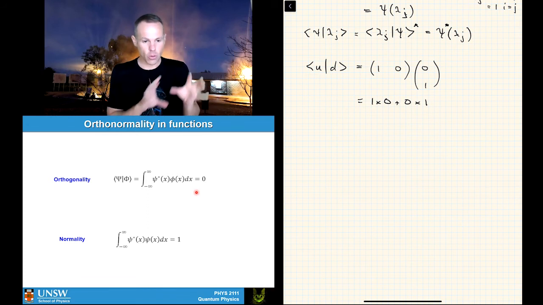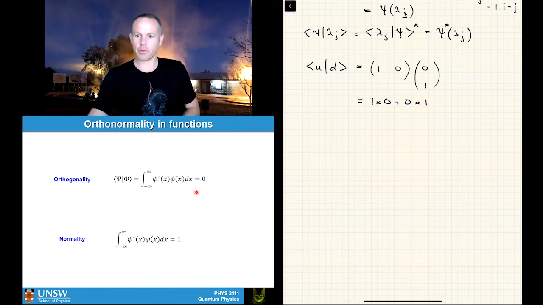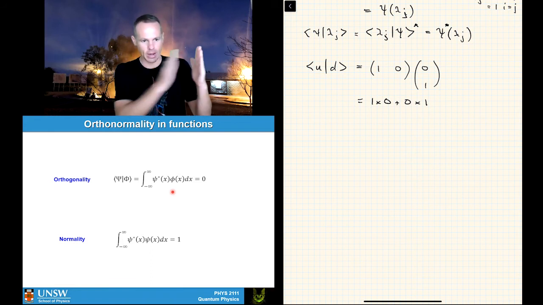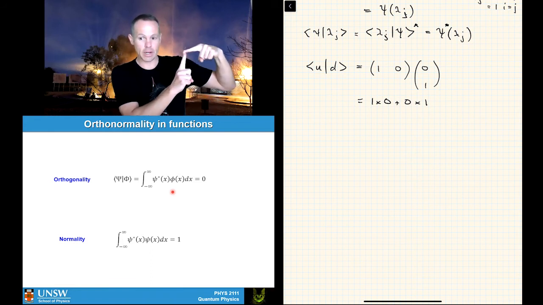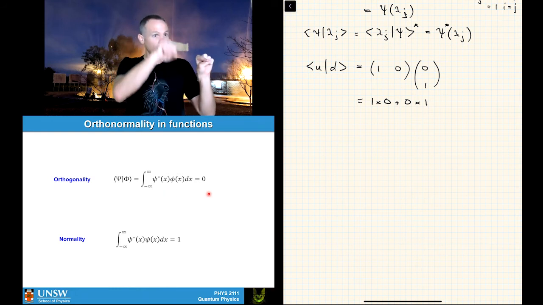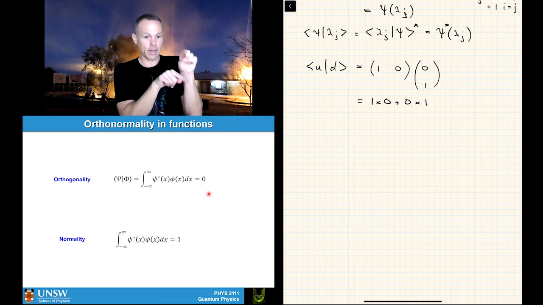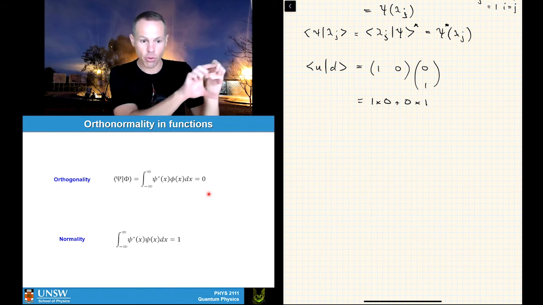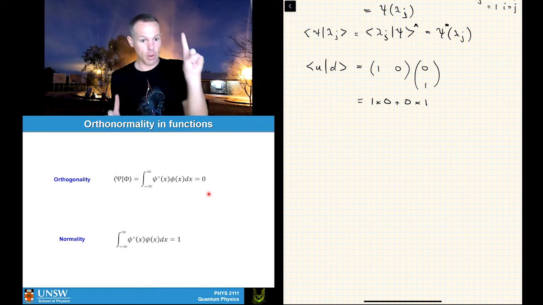Okay, so this expression we have here with this integral is basically just taking the infinite element limit of an inner product. And of course, that thing ends up 0 because the point where there's the blip in the minus 1 function is 0 on the other function and vice versa. And so it ends up with the product being 0 absolutely everywhere. And those are two distinct orthogonal states.